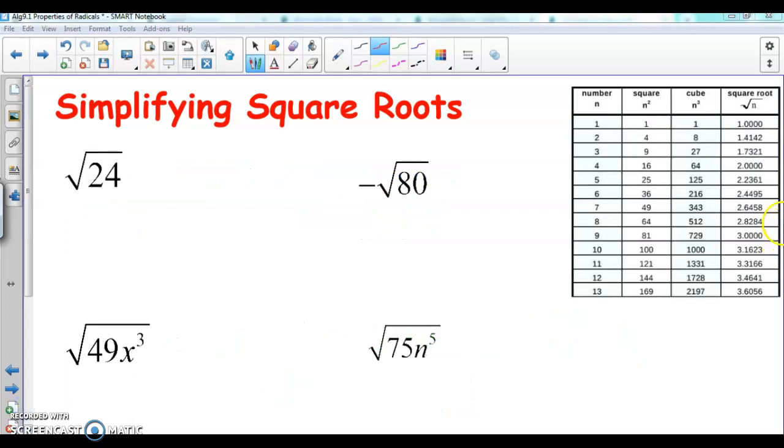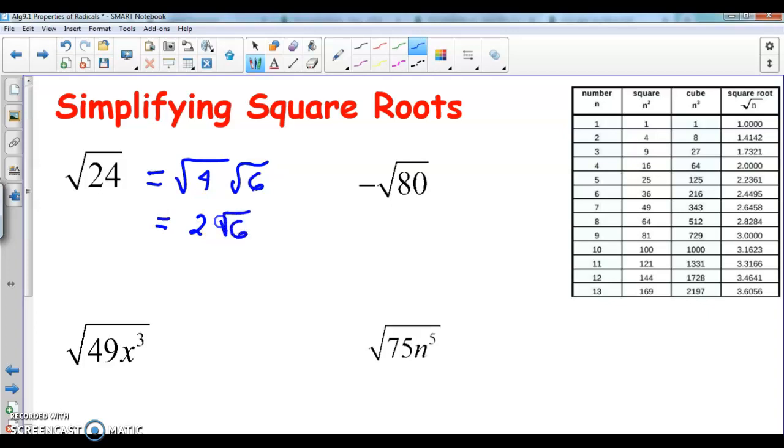Okay, here's some more. Square root of 24. So we know that square root of 24 can be broken down into square root of 4 times square root of 6. Now what is the square root of 4? It's 2. Now 6 is not a perfect square, so it stays under the radical sign. So that's the final answer for the first one. Next.